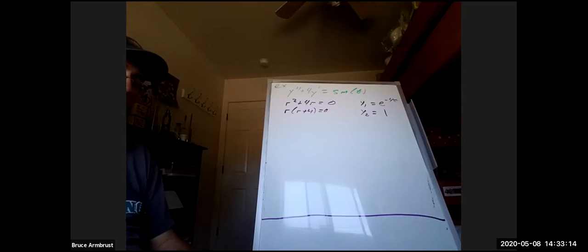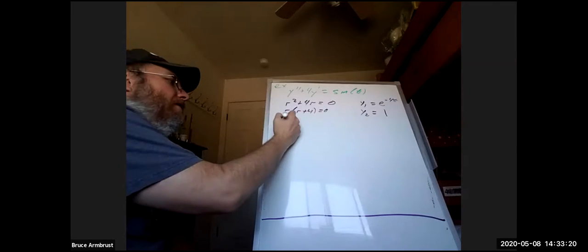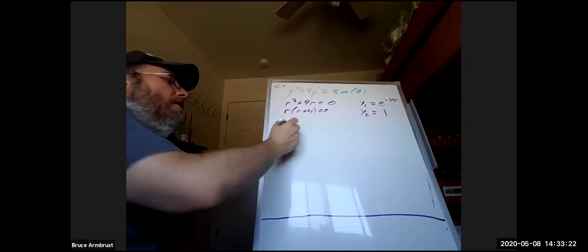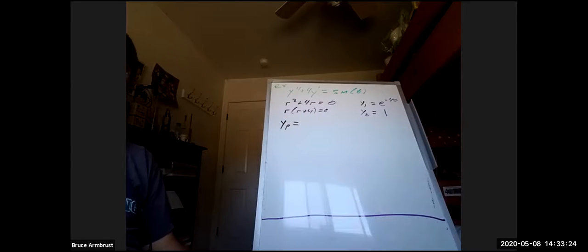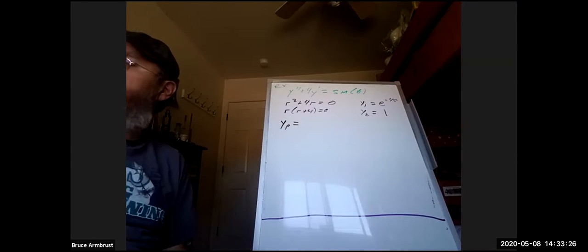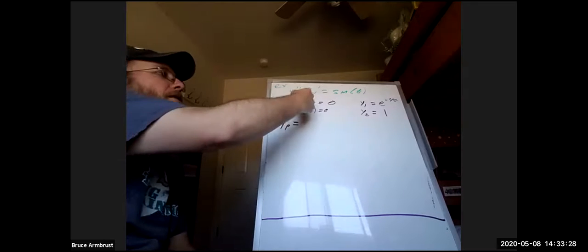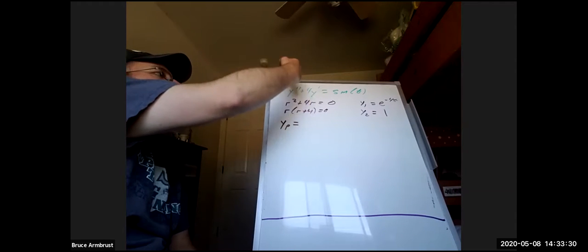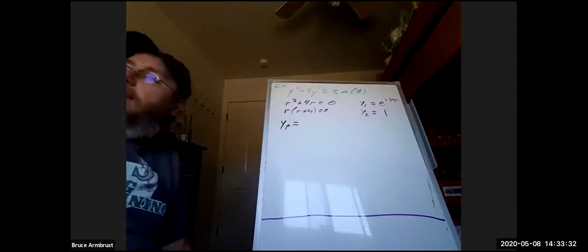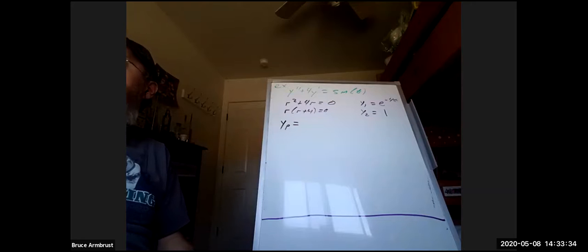So now the particular solution. Anyone want to give me a guess for a form for this one? What kind of function do we need so that when we plug it into this, we end up with a sine?